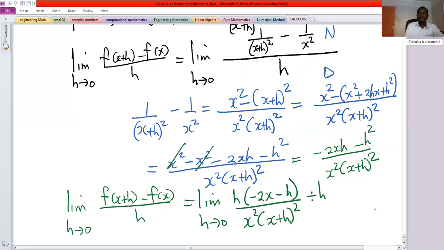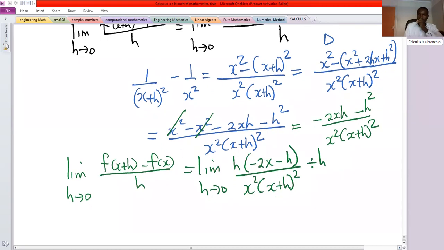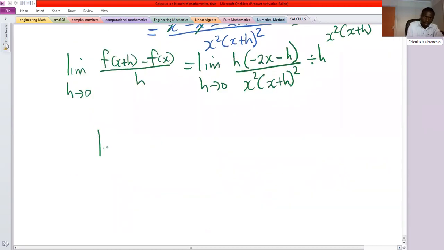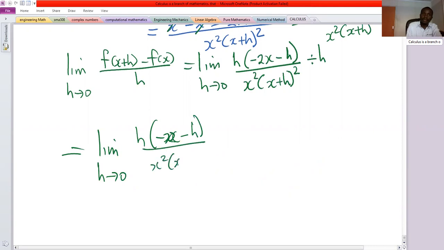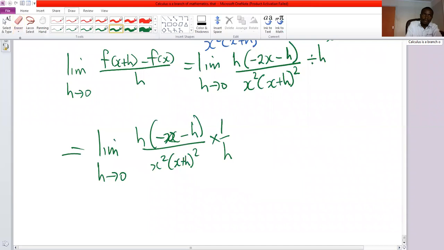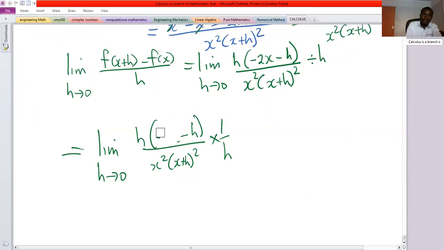This is the numerator, and then we are dividing. So that will be the limit as h approaches 0 of h into minus 2x minus h over x squared into x plus h squared, times the reciprocal of this. This is minus 2x.